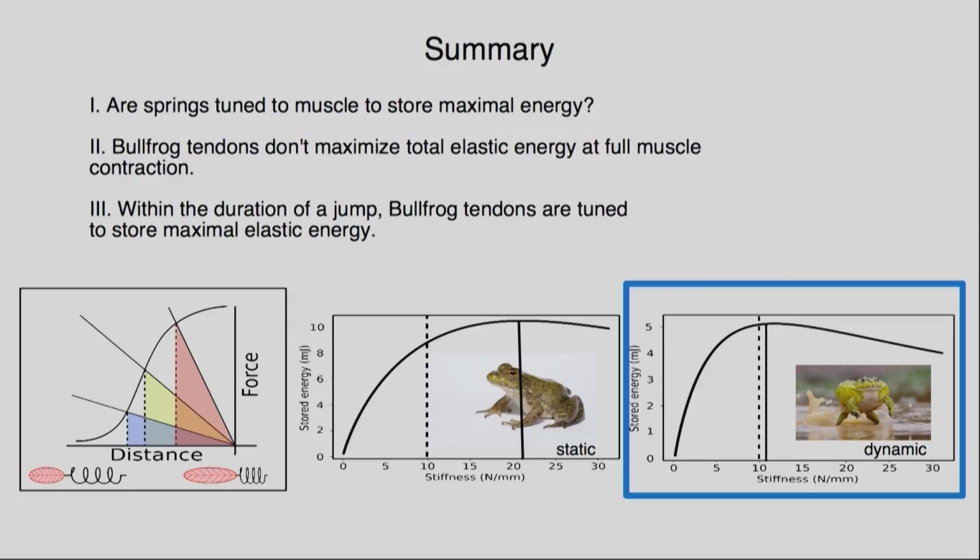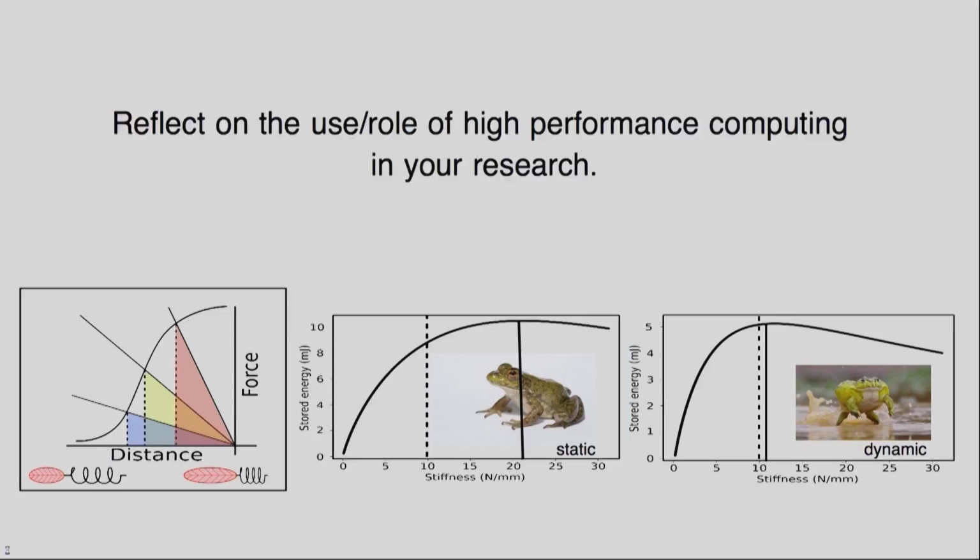And I think this is a really neat opportunity to reflect on the role of high performance computing in your research: by injecting parallelism and using the training that I got from this fellowship, we were able to generate a different model that asked the more biologically relevant question.